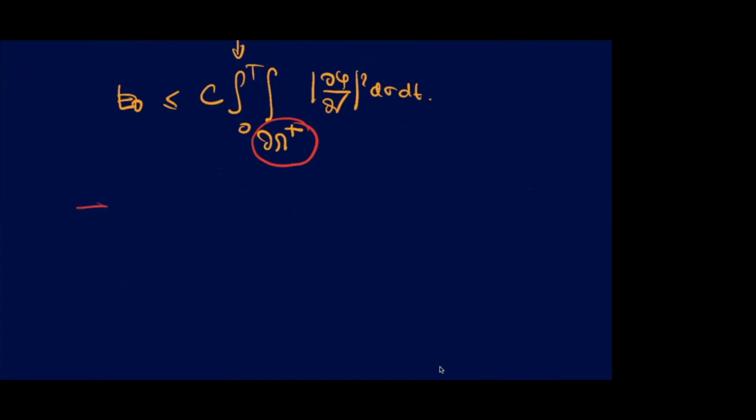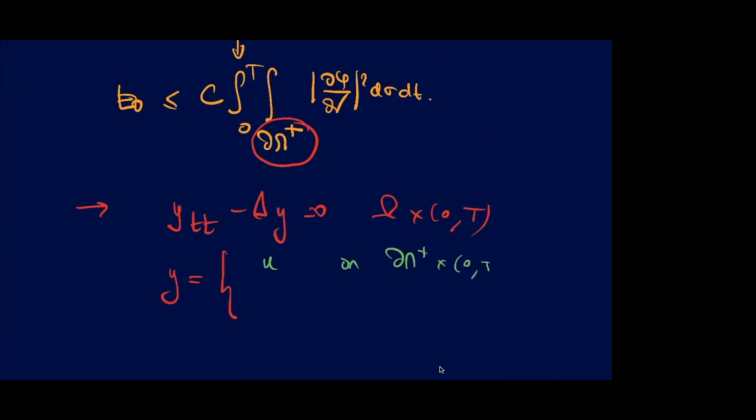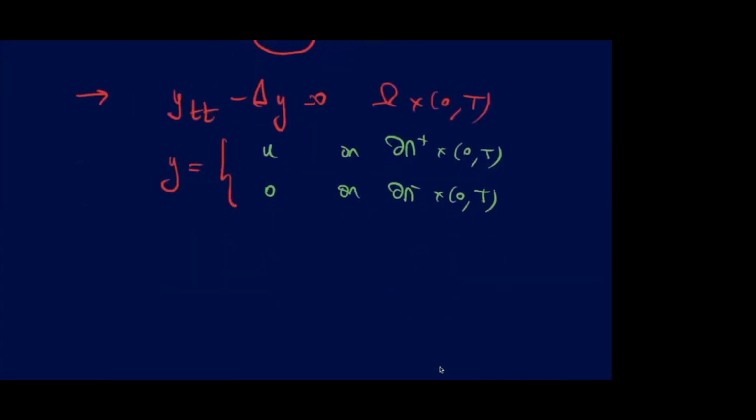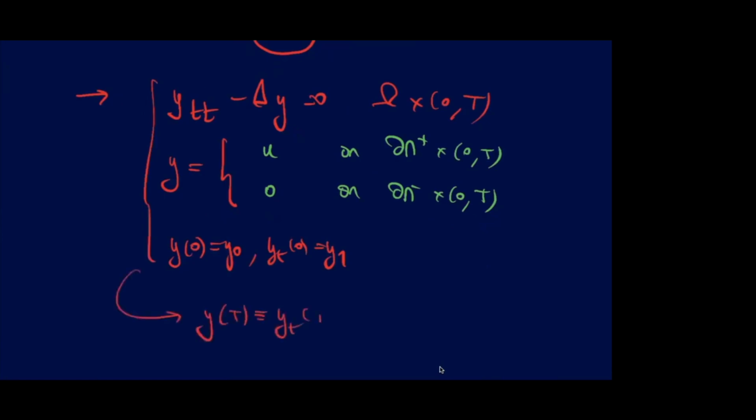So for the wave equation on the domain omega, with boundary conditions that are active on the region of the boundary where the observations are being made, but zero on the complement, and then initial conditions y0 and y1, I can guarantee that the system is driven to zero.